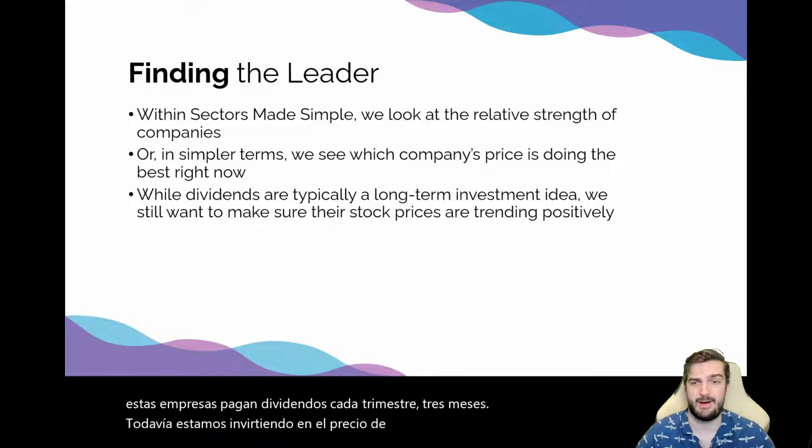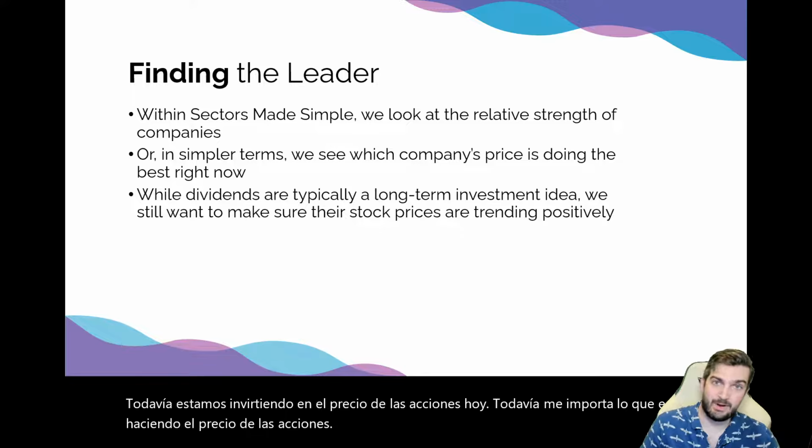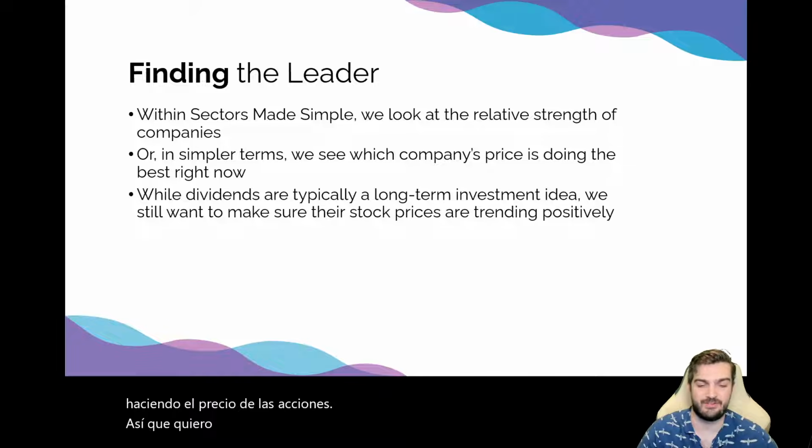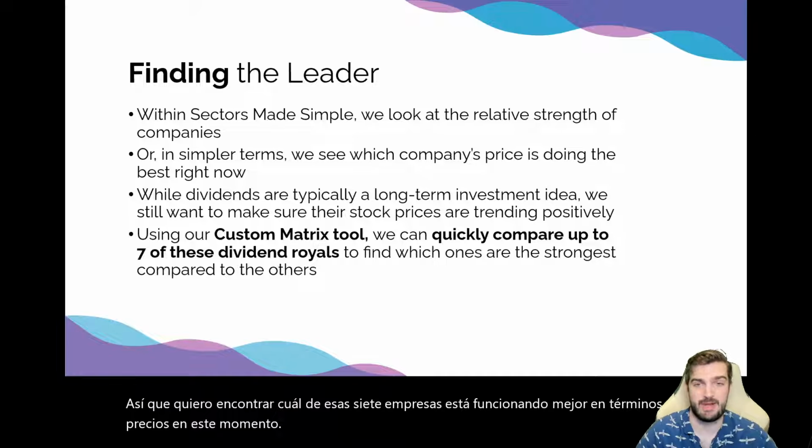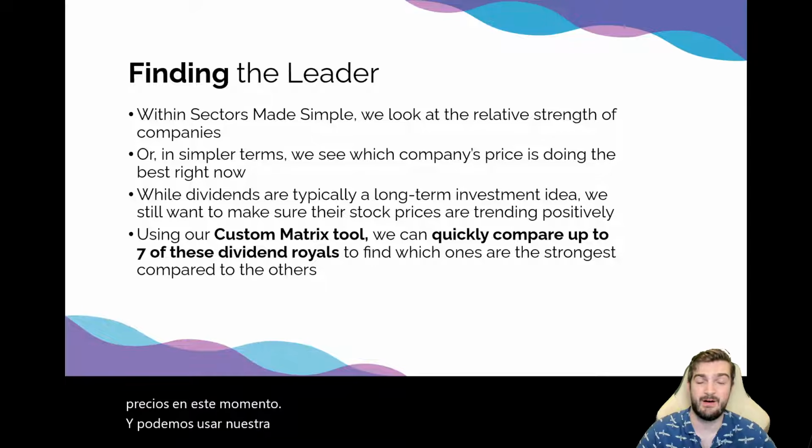I still do care about what the price of the stock is doing. So I want to find which of those 7 companies is performing the best price-wise right now. And we can use our custom matrix tool to quickly compare up to 7 of these companies.